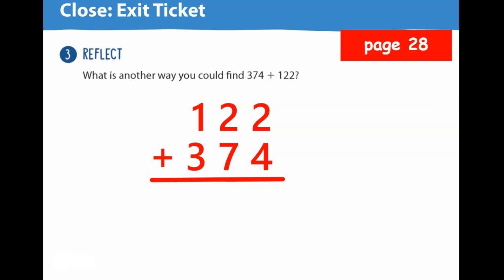First, you want to start with the ones column. So what's 2 plus 4? 6. 6 is a single digit. I don't have to carry anything to the tens place. So what's 2 plus 7? 9. And 7 plus 2? So that's what you should have. Okay.